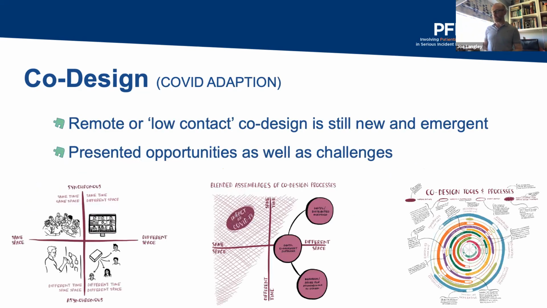But COVID forced us to really adapt. And this is where that web page link, I think, might be really useful to expand some of your understanding. Moving to low contact co-design is still really new for us. We had a lot of trial and error in the first few months, but it presented opportunities.